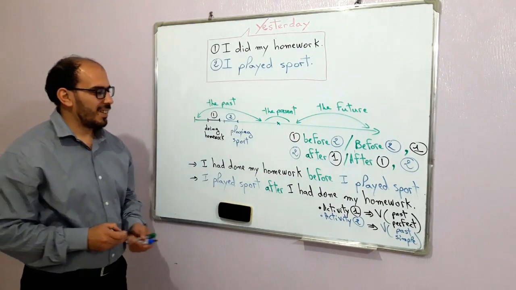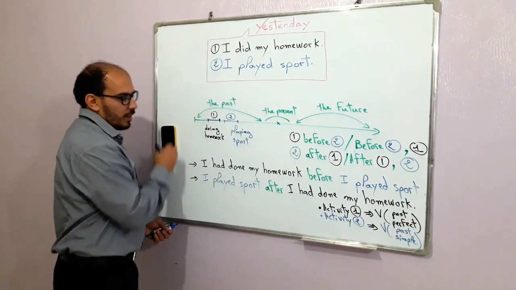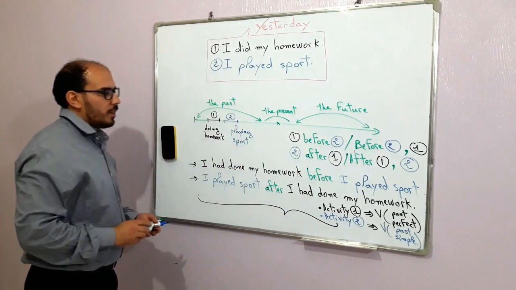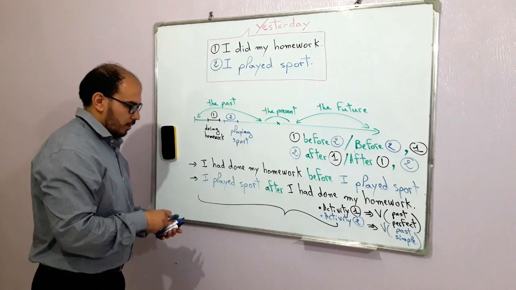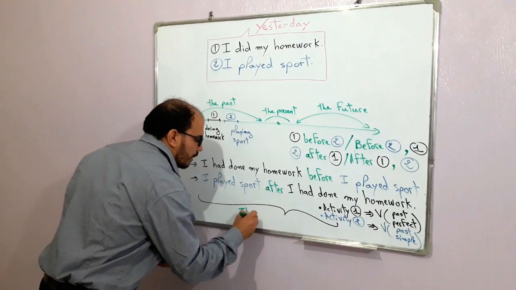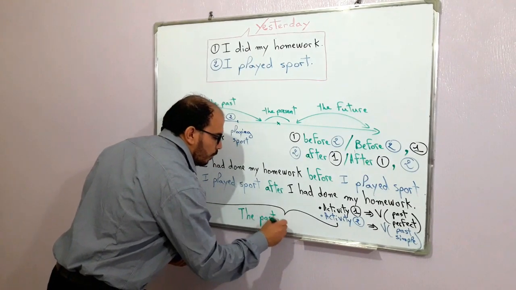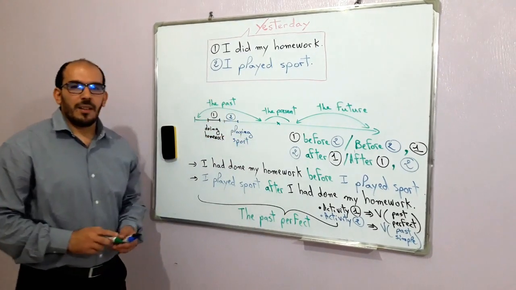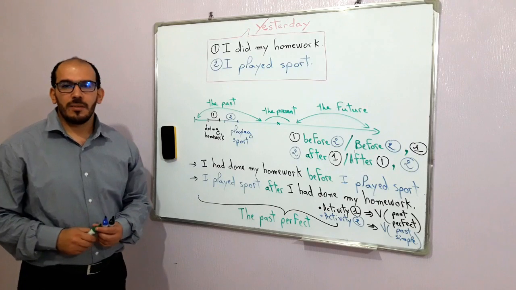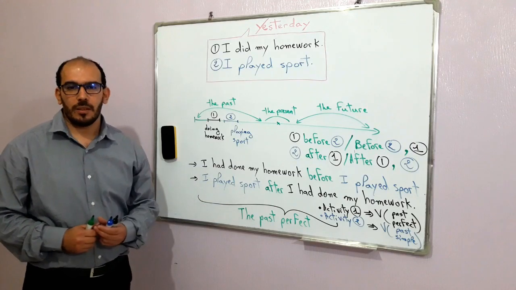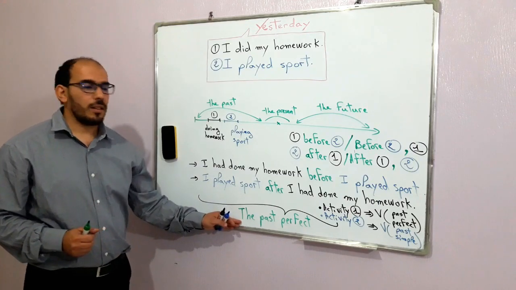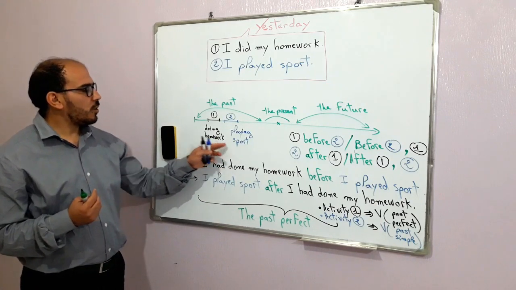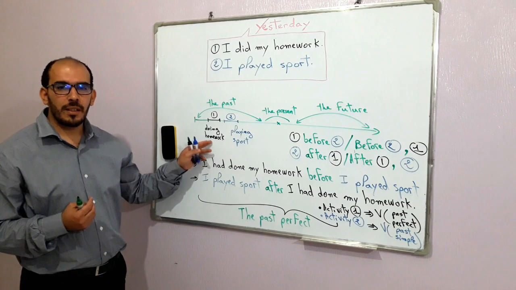So generally speaking, the right tense used to speak about these kinds of activities is the so-called past perfect. So for today's session, the lesson is past perfect. The past perfect is used to speak about two successive actions or activities that took place in the past.